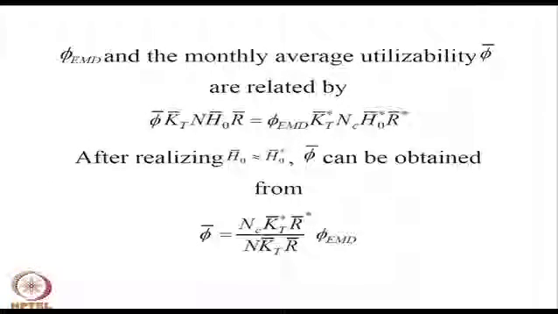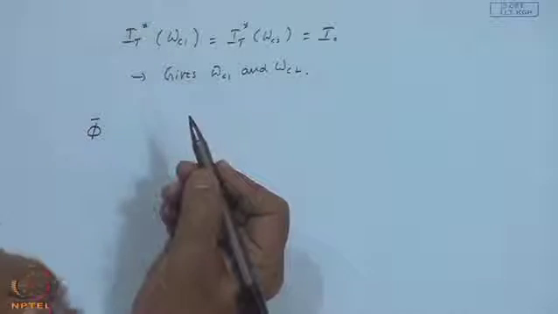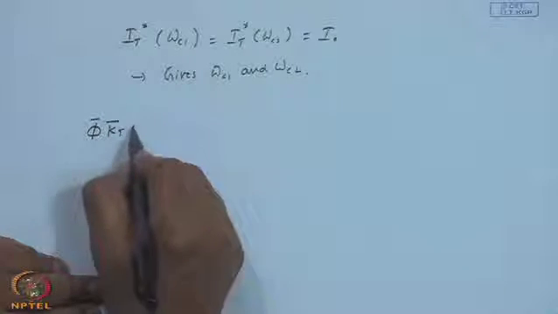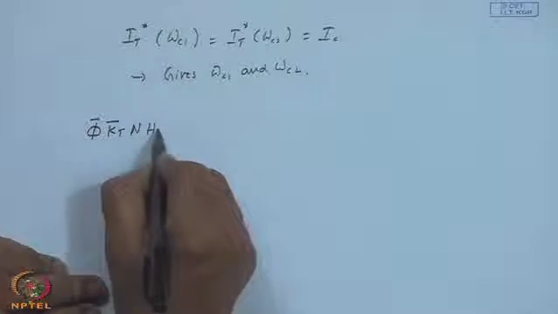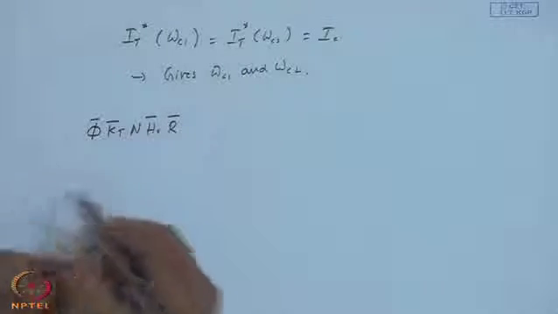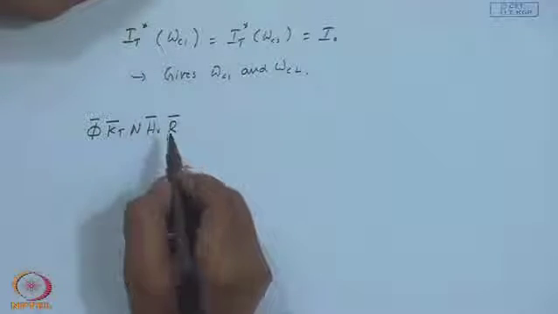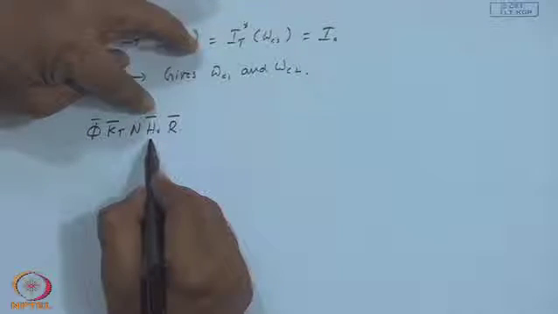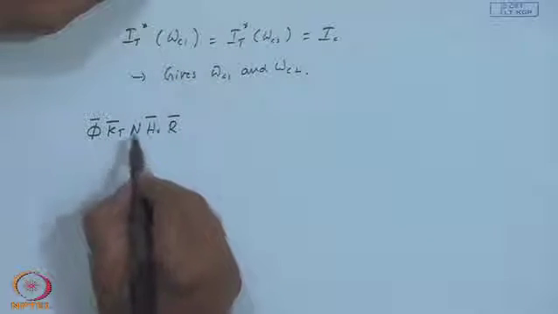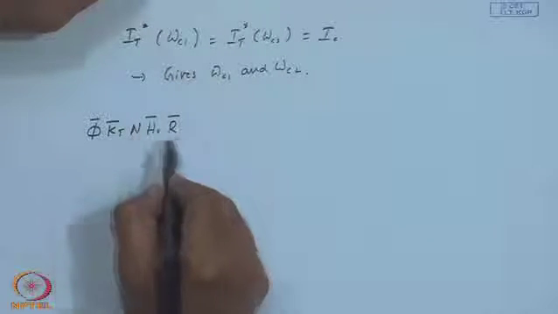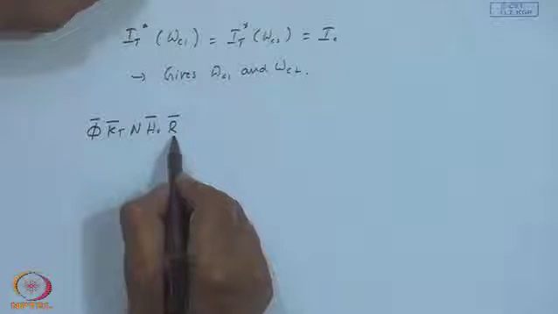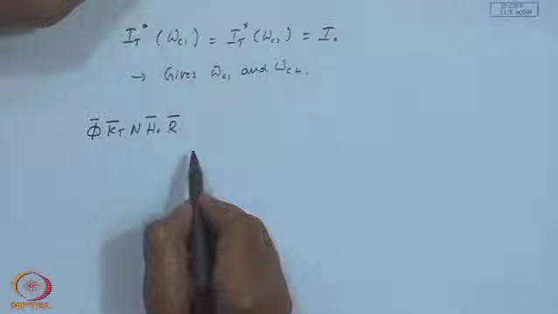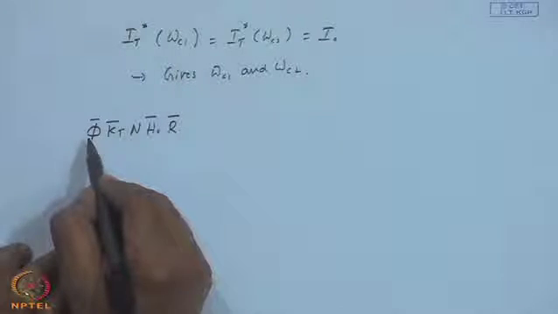So, now the monthly average daily utilizability with which we have been discussing all the time, that multiplied by solar radiation falling on the collector surface, right. I have deliberately written in terms of the non-dimensional clearness index and the analytically calculable extraterrestrial radiation average multiplied by the number of days in the month multiplied by the average tilt factor R bar multiplied by utilizability is nothing but the solar radiation available above the critical level based upon the monthly average daily utilizability.